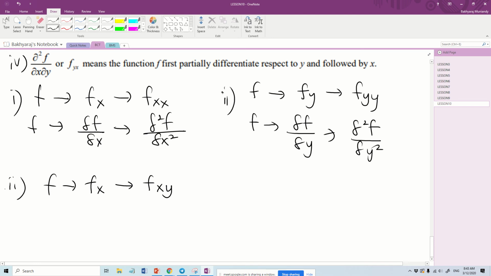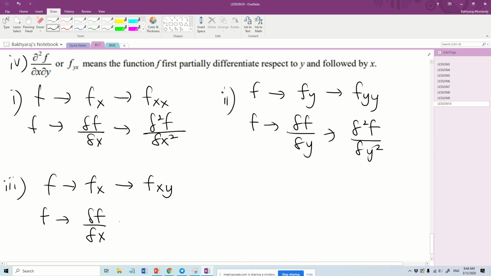Again number 3. First time you differentiate with respect to x, you get fx. The second time you differentiate with respect to y, you get fxy. So this is the second time. But when it comes to delta, you get this. First f, you differentiate, you get delta f over delta x.